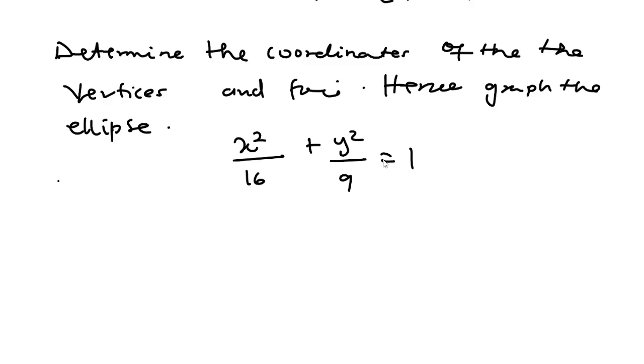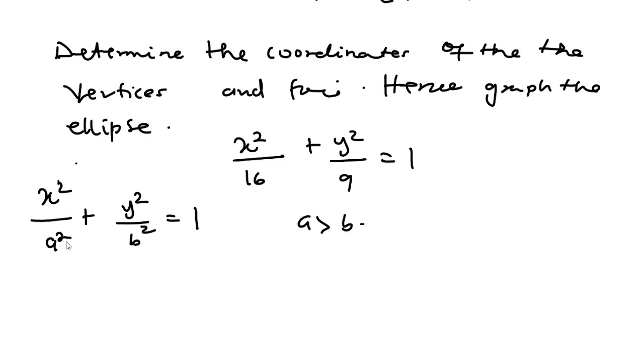Now you can see clearly that this ellipse is in the form x squared on a squared plus y squared on b squared being equal to 1. Since we are saying that A should be greater than B, it means that it is in this form.